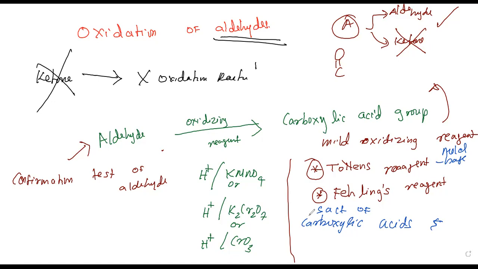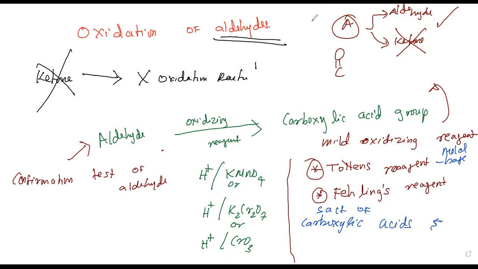Okay, yellow. When you speak about the oxidation of the aldehyde here, we are not speaking about the ketone. Why? The ketones are not oxidized by using these reagents. So the oxidation reaction is the confirmation step for aldehydes.